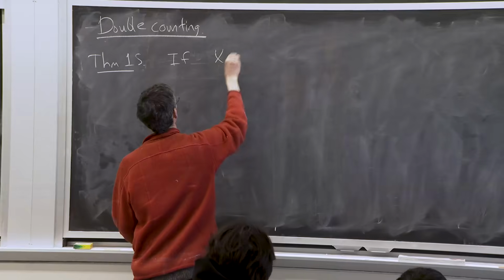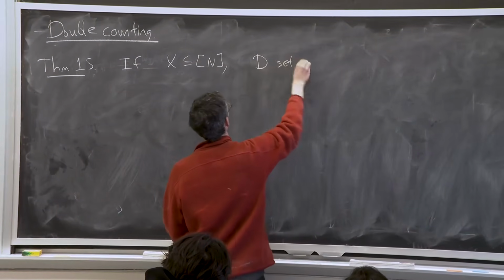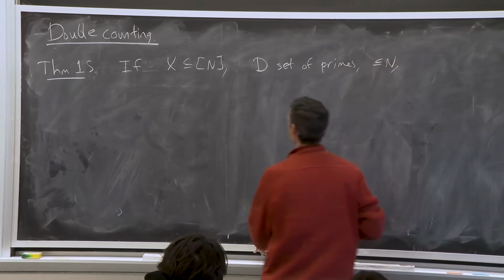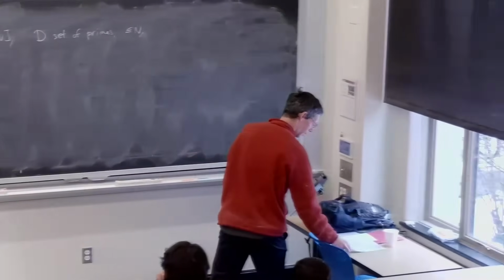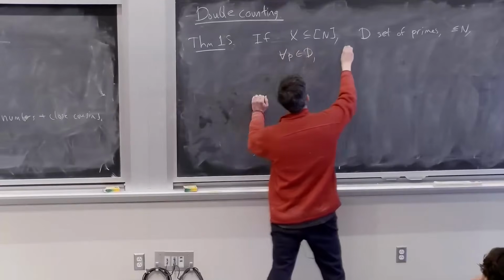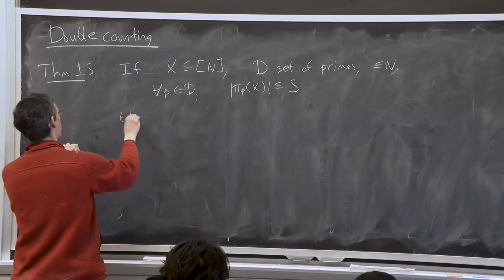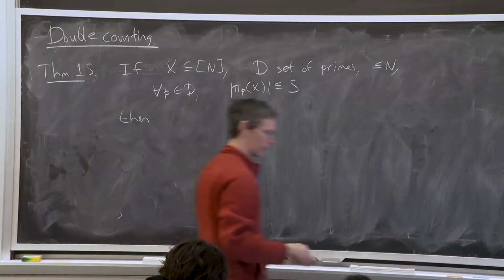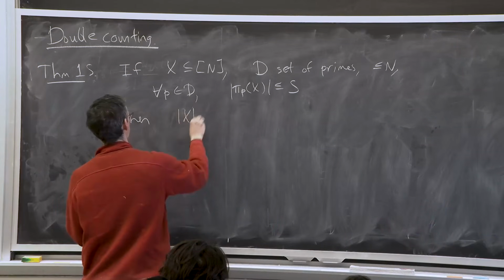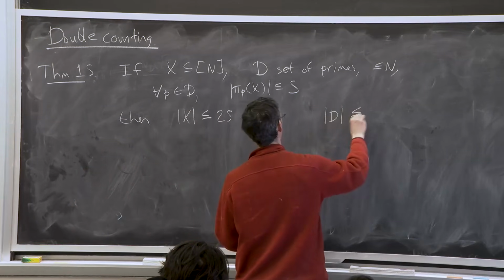It says if X is a subset of the numbers from 1 to n, and D is a set of primes less than or equal to n, and for every p in our set of primes, pi sub p of X is less than or equal to s, then we get a conclusion. Either X is bounded by 2s, or the number of directions is bounded roughly by s.